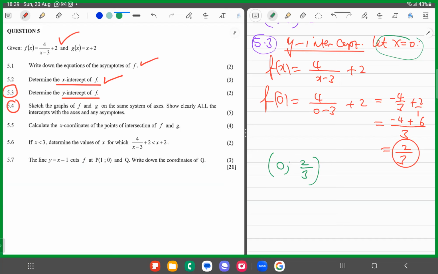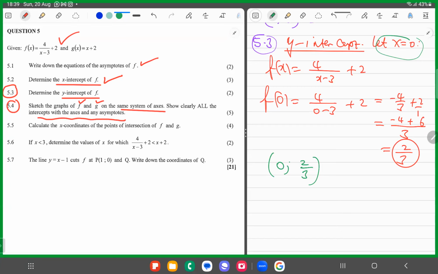To sketch these graphs is very straightforward, but you need to show both graphs of f and g on the same system of axes, and show clearly all intercepts of the axis and the asymptotes on the graphs.